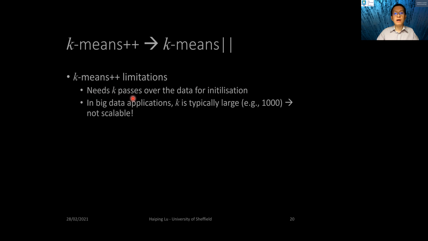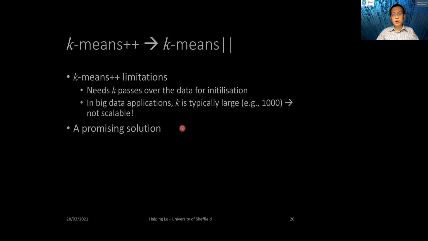If we just have a small number of clusters, small k, that may be okay. But for big data applications, k may be very large, for example, it can be 1,000. So in this case, we need to do 1,000 passes over the data just for initialization. Therefore, this is slow and is not considered scalable.